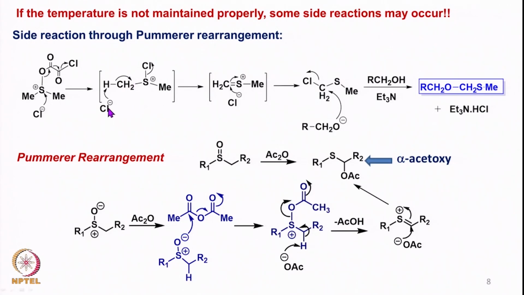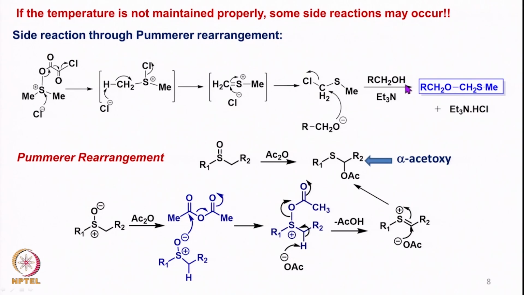Now, what can happen is, instead of alcohol attacking onto this particular sulfur, the chloride ion can pick up a hydrogen from here, and this type of elimination occurs, leading to the formation of this sulfonium salt, in which now the chloride ion attacks onto the carbon, forming this species, to which then alcohol can attack directly and form this type of sulfur intermediate.